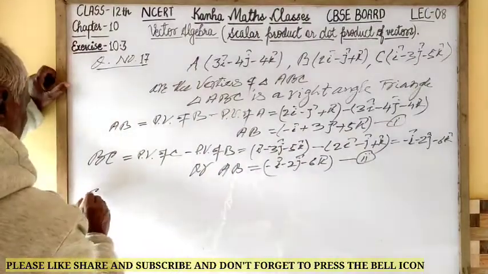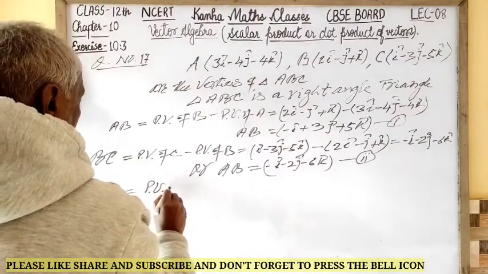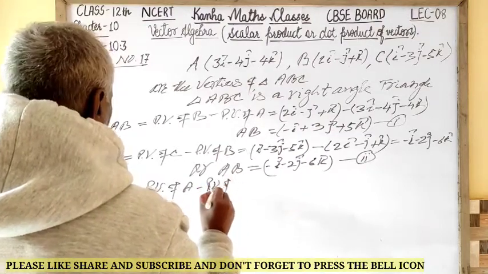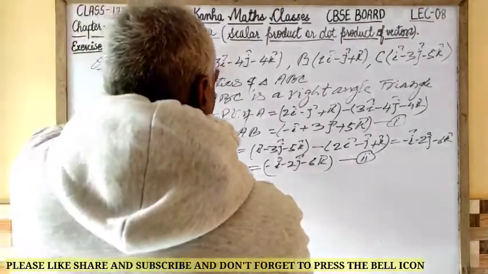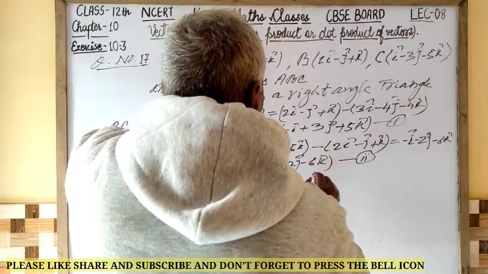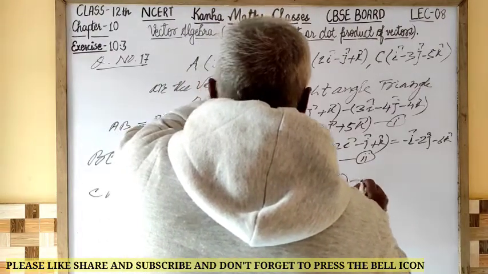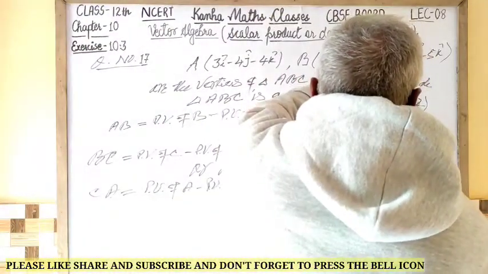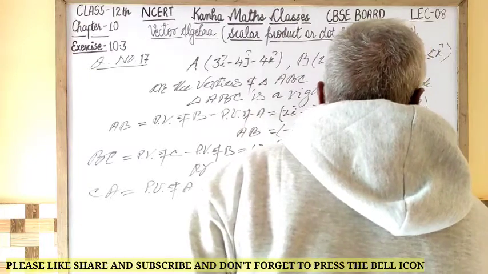Now CA means position vector of A minus position vector of C. Position vector of A means 3i minus 4j minus 4k, minus position vector of C, which is i minus 3j minus 5k.